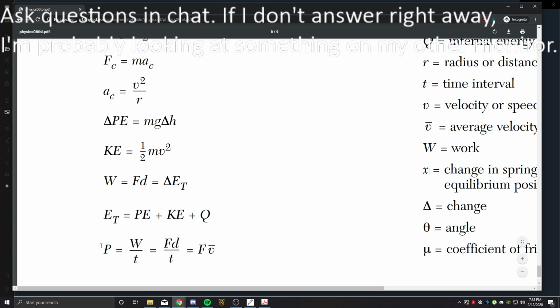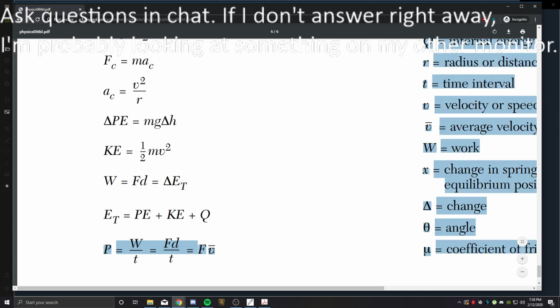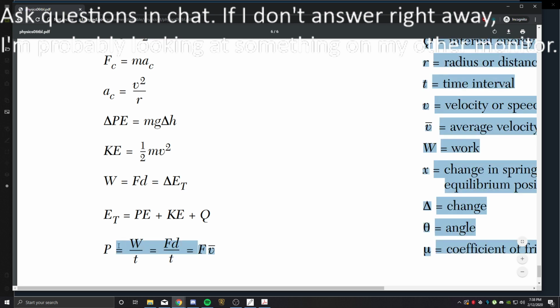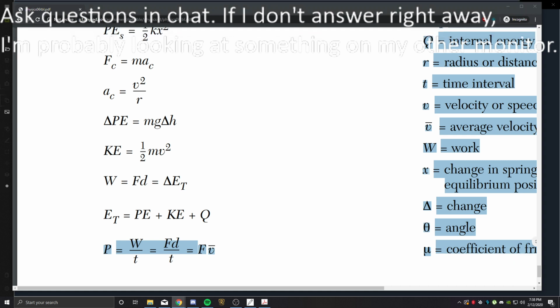The power and work formulas are down here. These are all the formulas, all the things power can be. Any other questions?